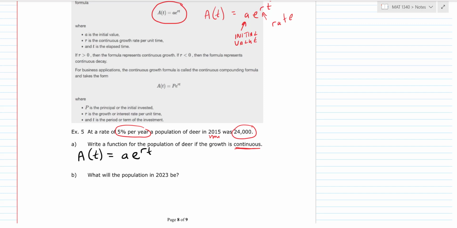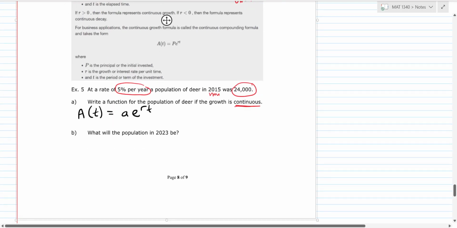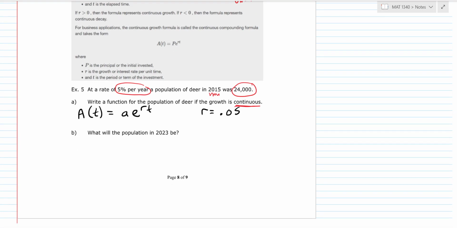Okay. And what we're going to do on this is the rate is going to be equal to 0.05. You guys still got to move that decimal to the left on that. And then the initial value will be 24,000. So you got to know where everything basically plugs in here. The A is going to be your 24,000.